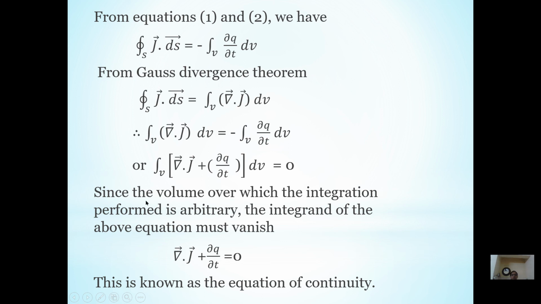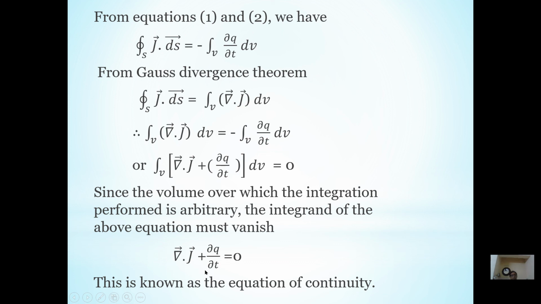Since the volume over which the integration is performed is arbitrary, the integrand of the above equation must vanish. What is the meaning of it? The integration of this integrand is equal to 0, which implies that the integrand should be equal to 0. Hence, we write divergence of J plus delta Q by delta T is equal to 0, or divergence of J is equal to minus delta Q by delta T.